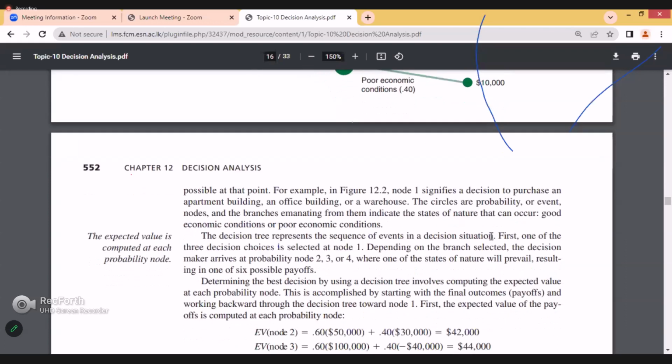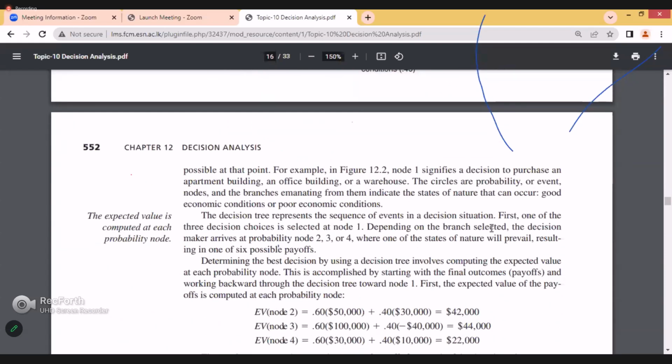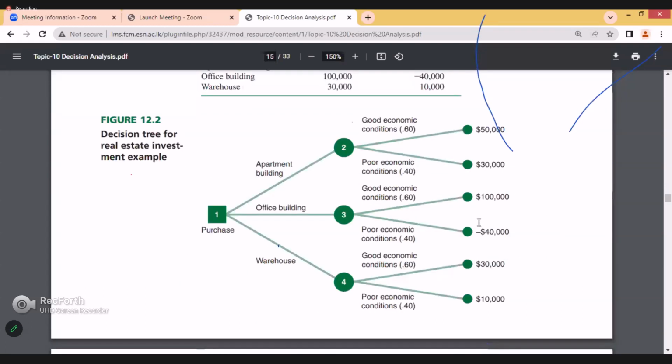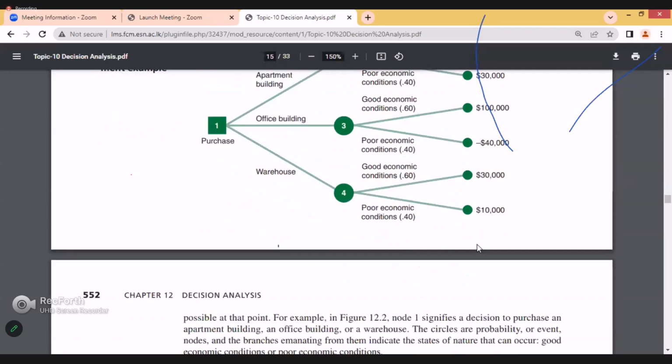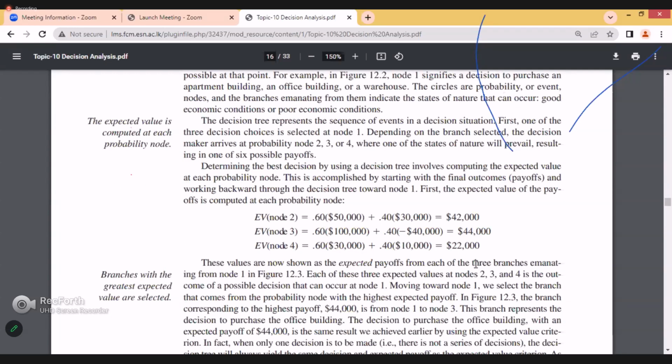Then if you add it for nodes 2, 3, and 4, we can get the final decision. Branches with the greatest expected value will be selected.